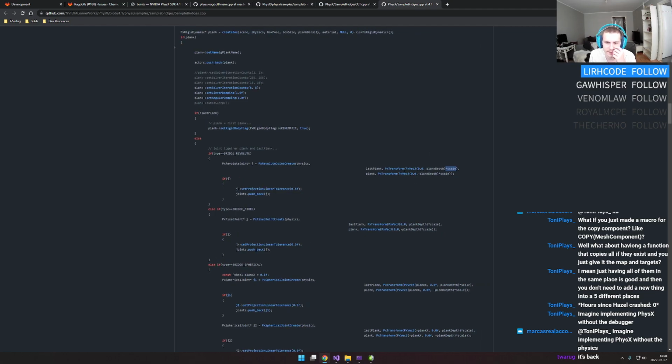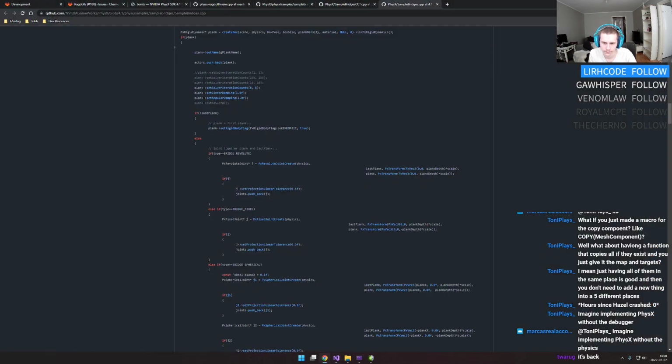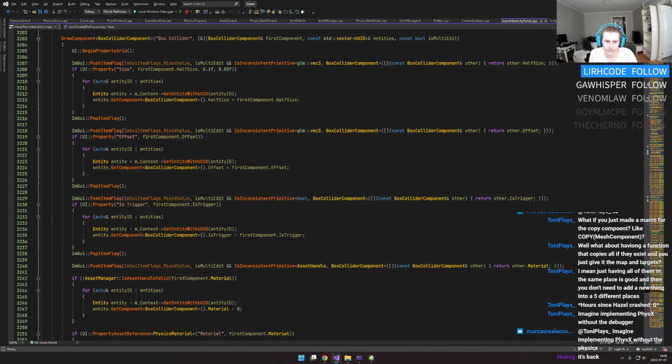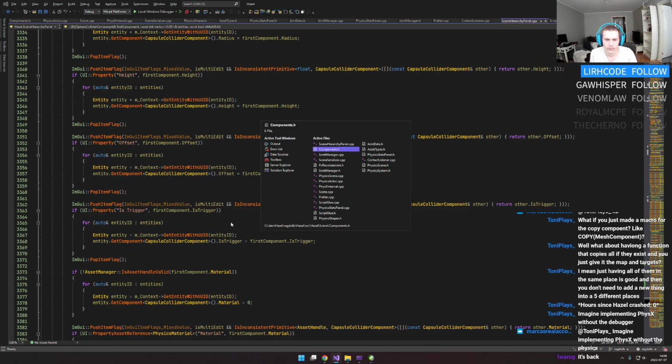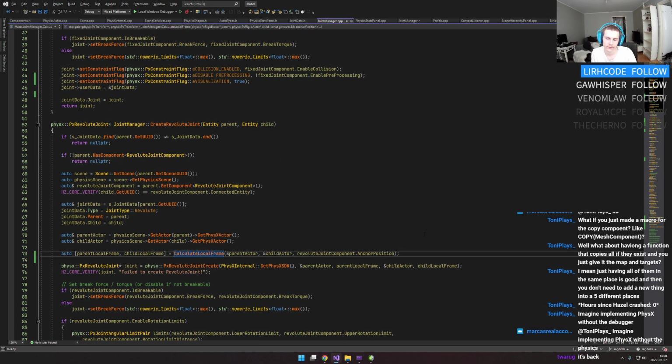Hang on, here they take the scale into account. We don't do that. We never take scale into account when we calculate our local frames.